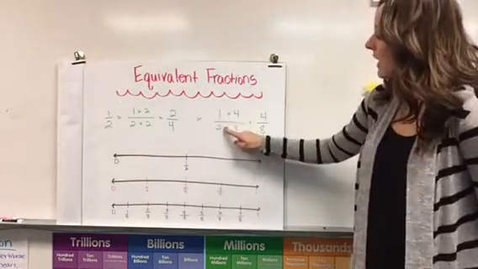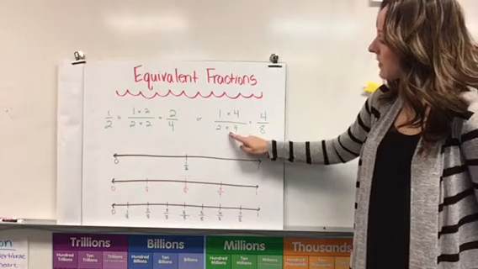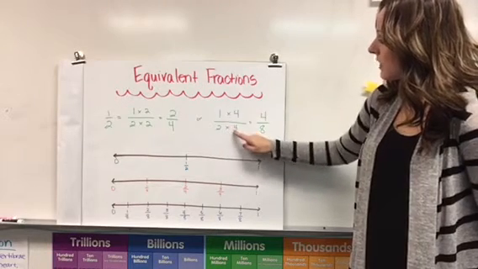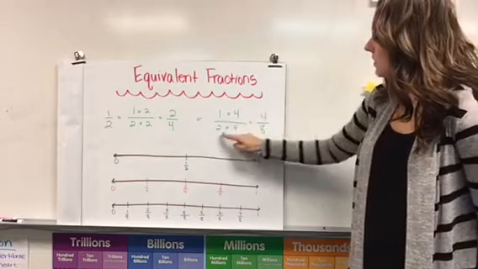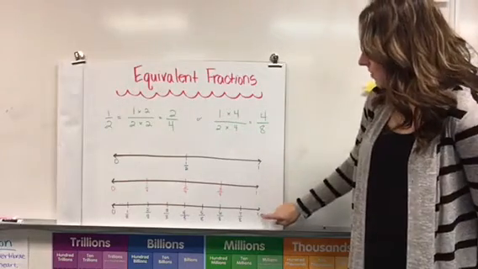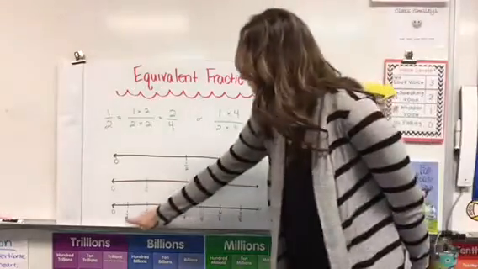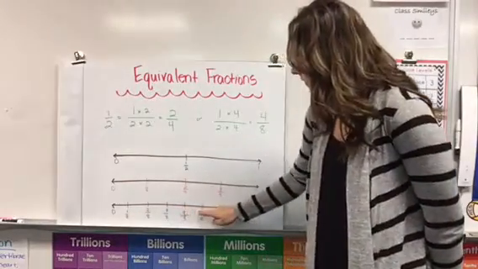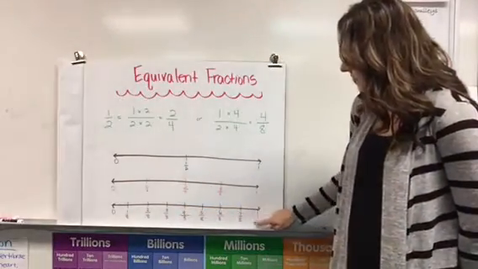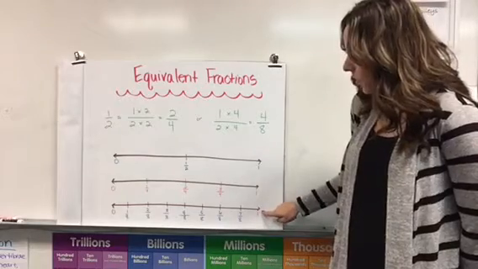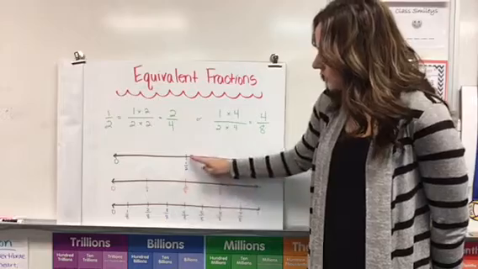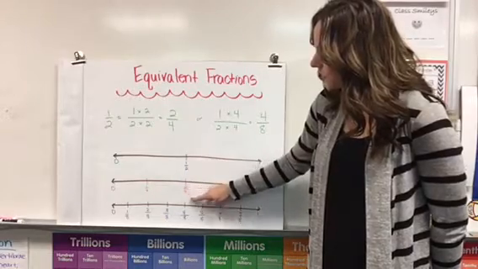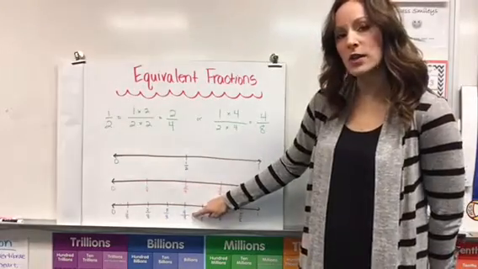Now I took 1/2, I multiplied the top and the bottom, so the numerator and the denominator, by 4. And that gave me 4/8. So my bottom number line here is 1, 2, 3, 4, 5, 6, 7, 8. So 8/8 makes up my whole, and halfway down my number line is 4/8. So you can see that 1/2, 2/4, and 4/8 are all equivalent fractions.